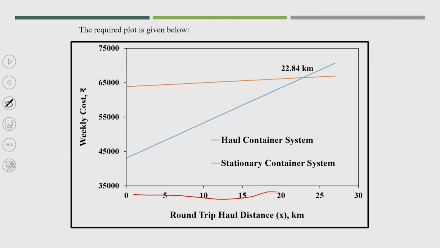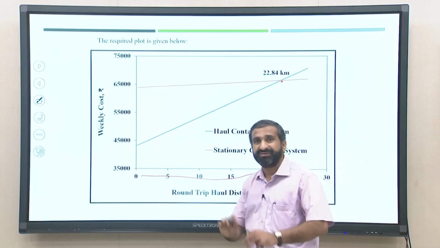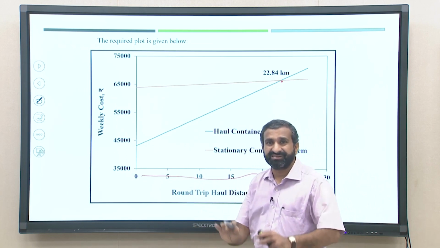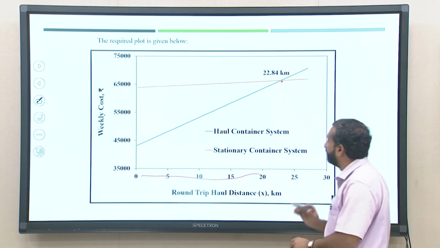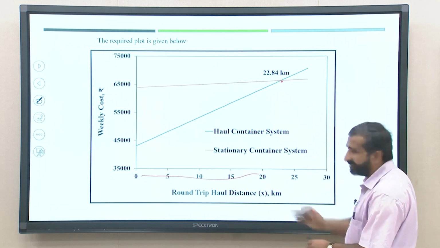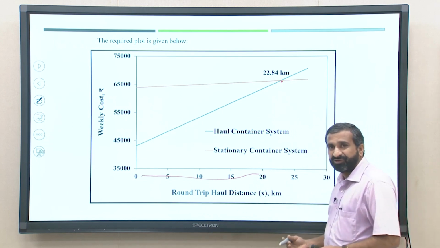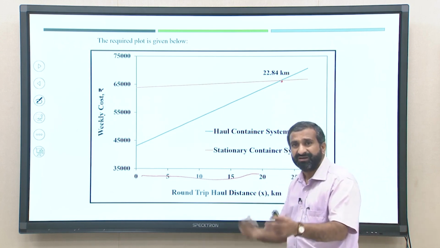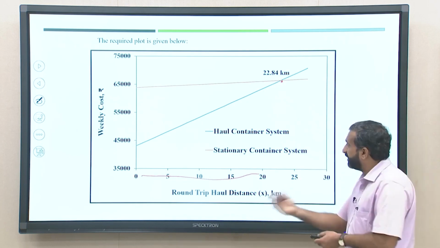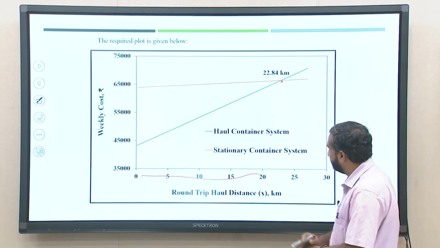At 22.84 kilometer, the cost of the haul container system and the stationary container system will be the same. That was what the private collector was looking for, where they can locate the MRF facility or recycling facility.